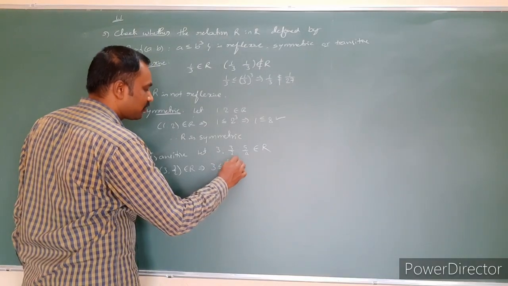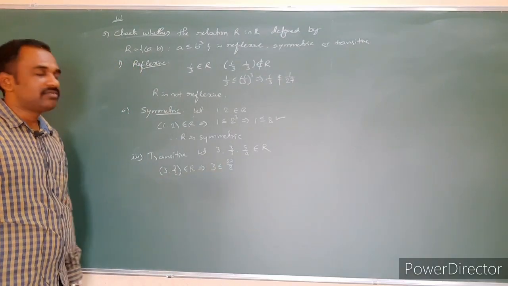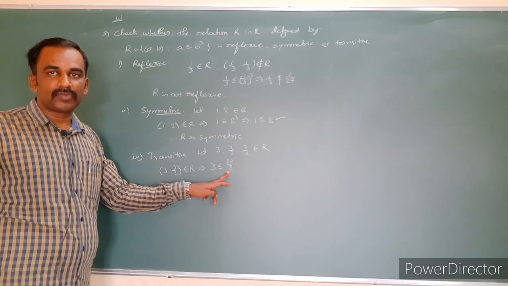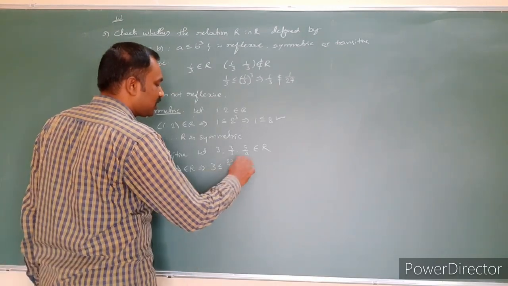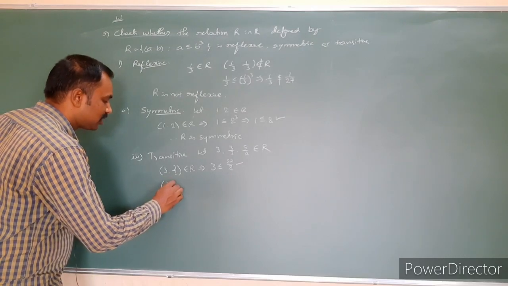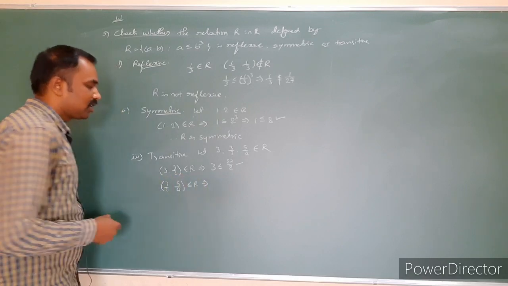3 cube is 27, divided by 2 cube which is 8. So 27 divided by 8. What is 27 divided by 8? Is it more than 3? Yes, obviously it is more than 3. Yes, the inequality is true. Next, is (3 by 2, 5 by 4) in the relation? Check it.